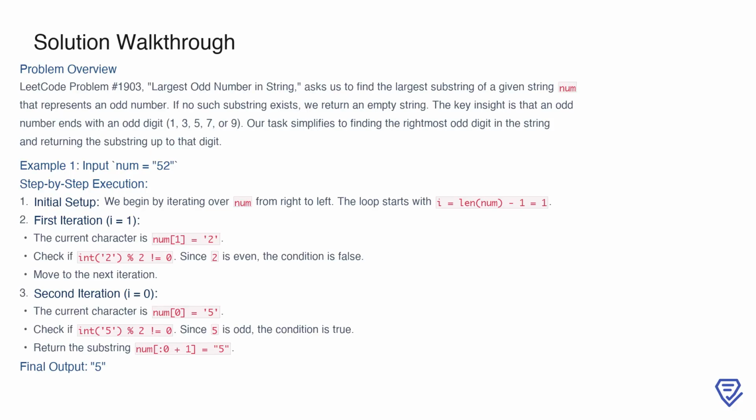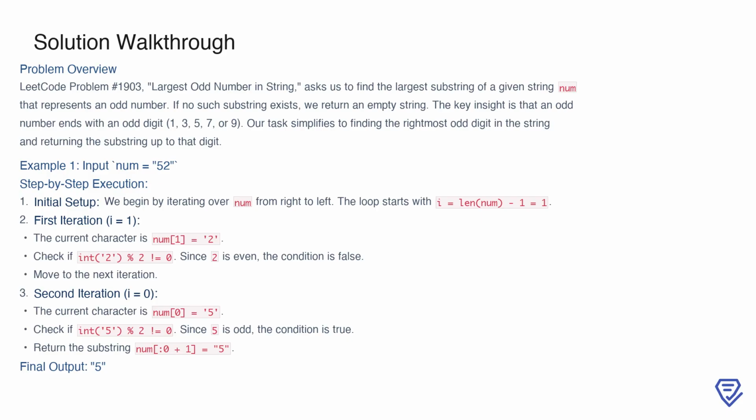This problem asks us to find the largest substring of a given string that represents an odd number. To solve it, we need to understand that an odd number always ends with an odd digit, namely 1, 3, 5, 7, or 9. With this insight, the task becomes finding the rightmost odd digit in the string and returning the portion of the string up to and including that digit.